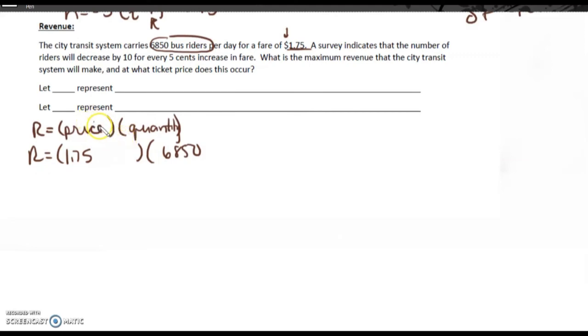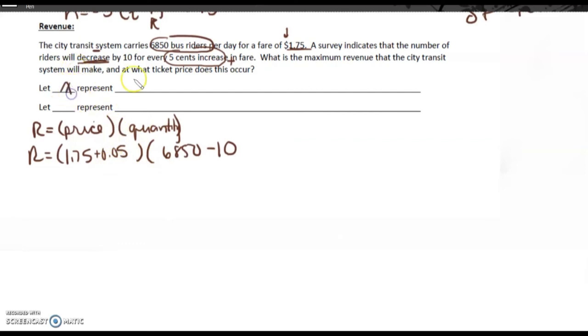Okay. A survey indicates that the number of riders will decrease by 10. So the quantity is going to decrease by 10 for every 5 cents increase. So plus 0.05. Okay, I'm going to pause right there for a second.